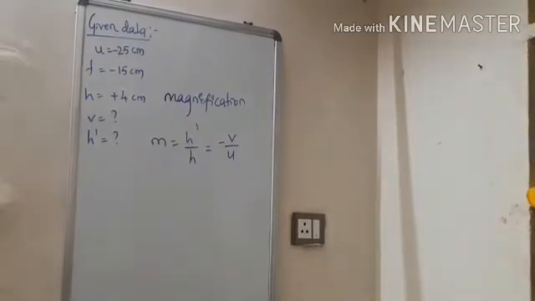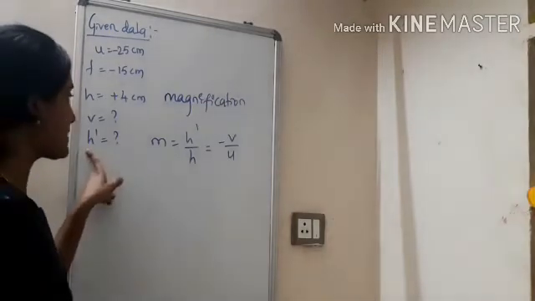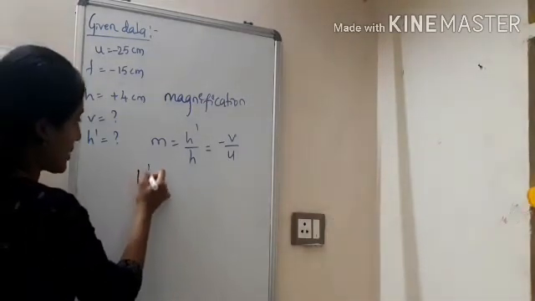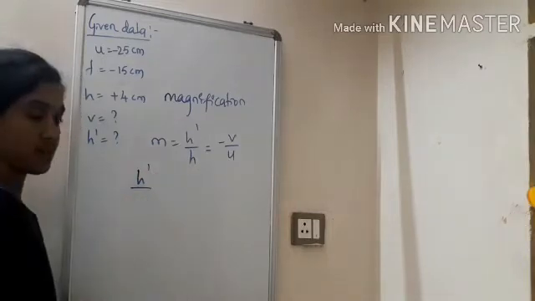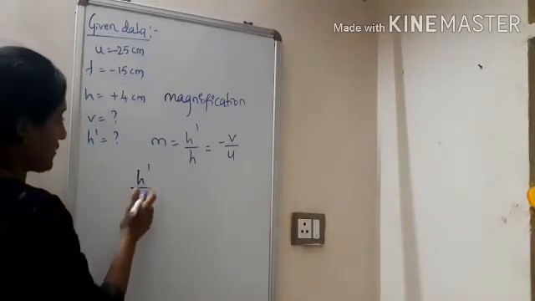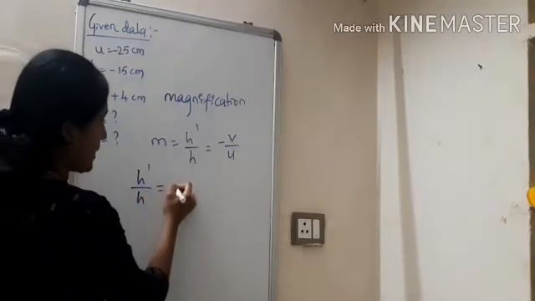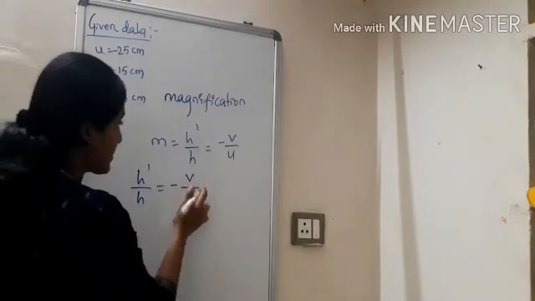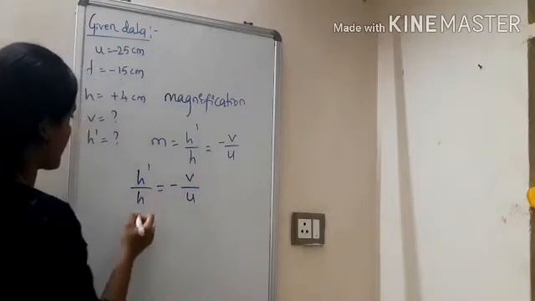So now we have to find out the height of the image or the size of the image as per the given problem. I wrote here the magnification formula: h dash, that means image height, divided by object height, will be equal to image distance over object distance.